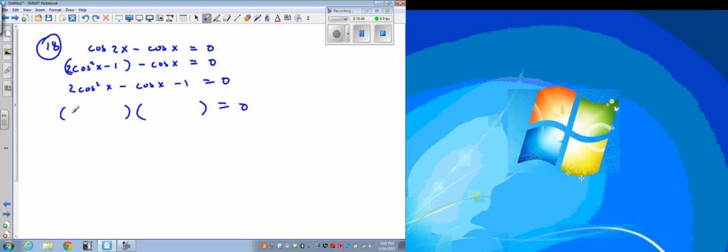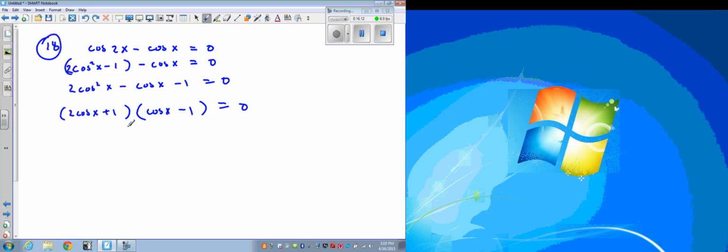So this is going to be 2 cosine x plus 1, times cosine x minus 1. You see how it factors? You've got to be able to see that.